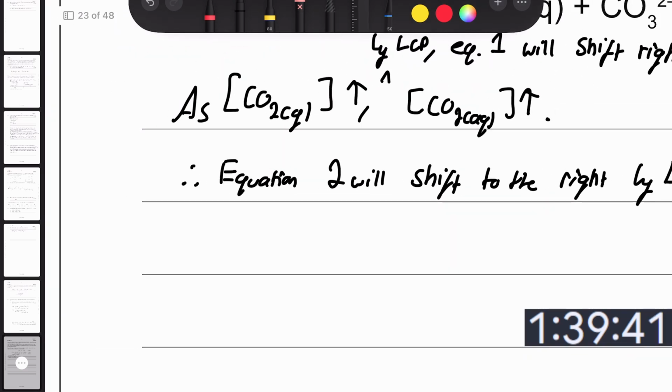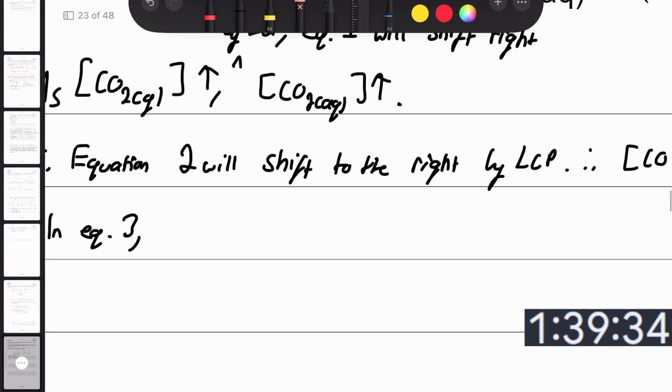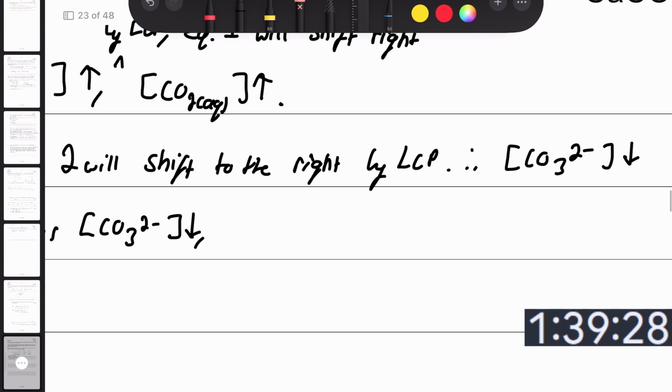Therefore in equation 3, as CO3 2- decreases, there will be less frequent reactant collisions.